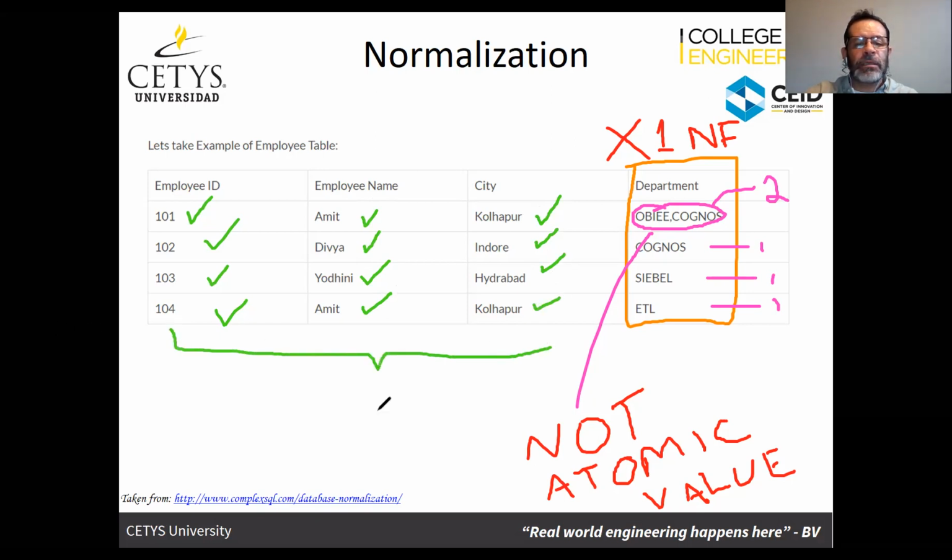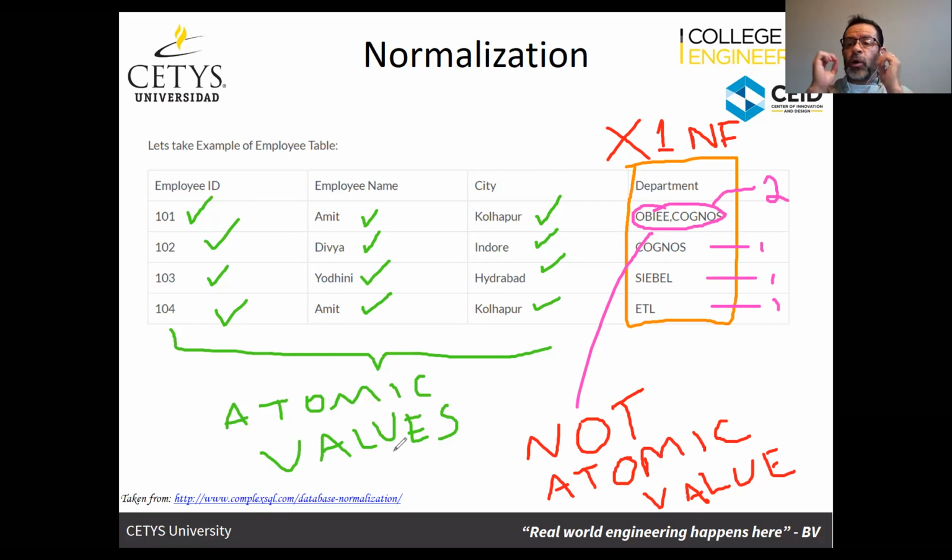These are atomic values. So the first rule for the first normal form is that we need to validate that the fields and attributes can only store atomic values. If a table doesn't have atomic values stored in them, then it's not in the first normal form. So that's one thing that we need to validate.